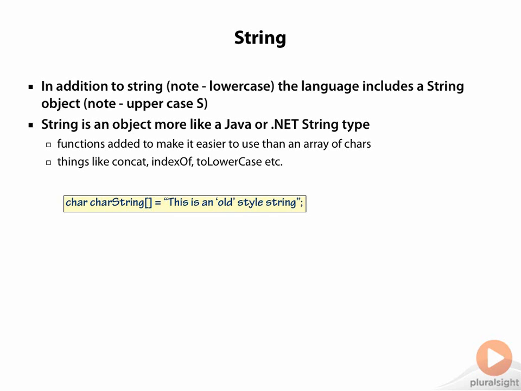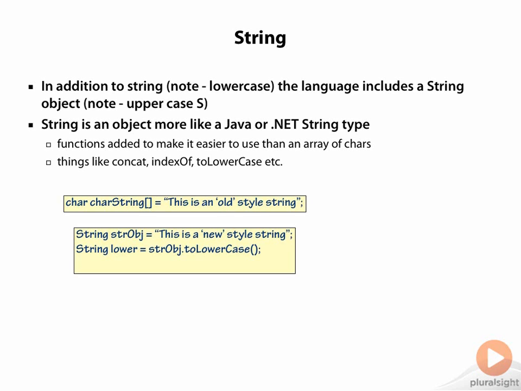So we've got the quote-unquote old string, which is an array of characters. And then we have the new style string. So we have things on that like toLowerCase. Whether you use char arrays or Strings just depends on what you're going to need to do with those strings. No real performance or size difference between the two.